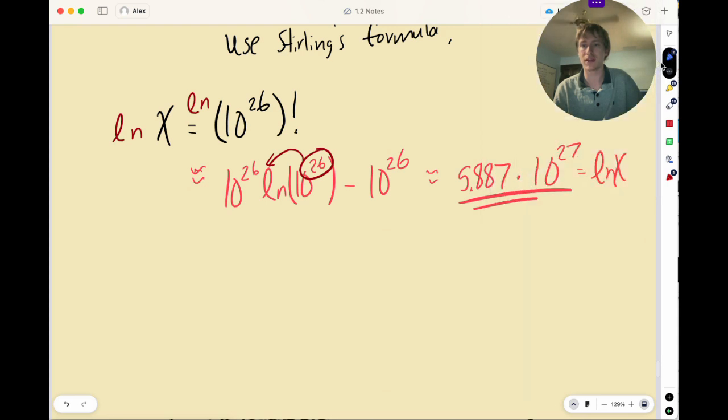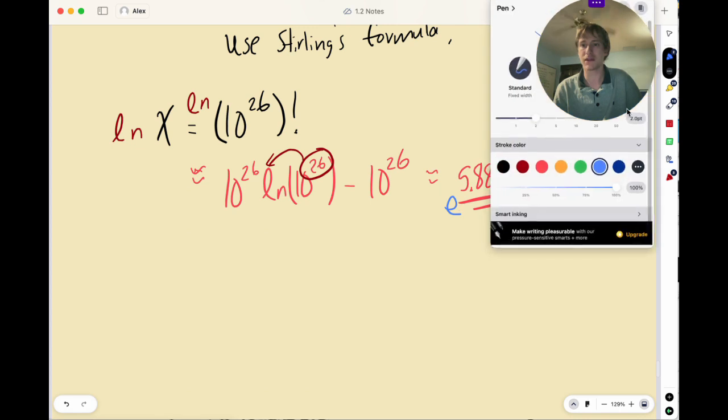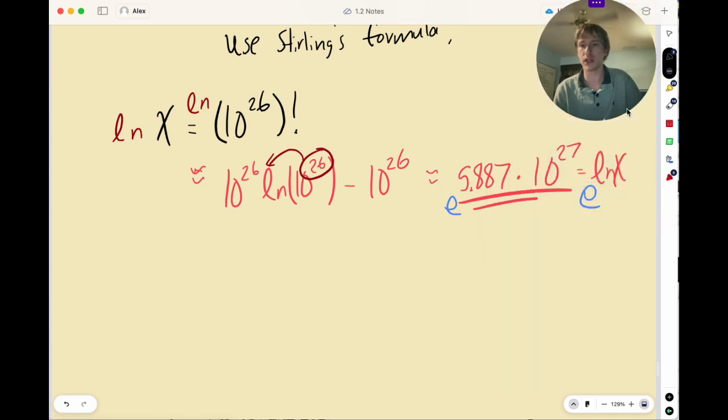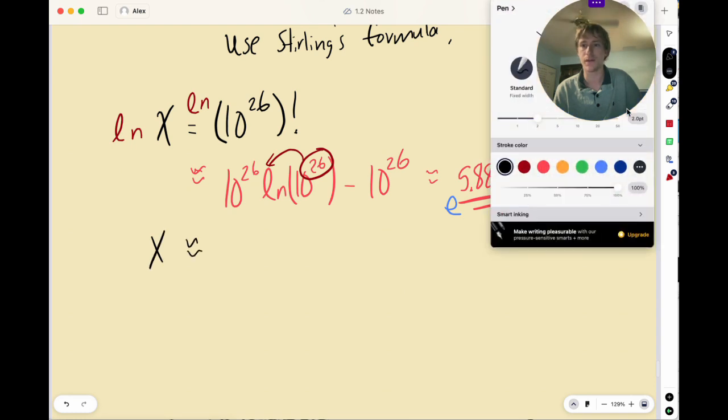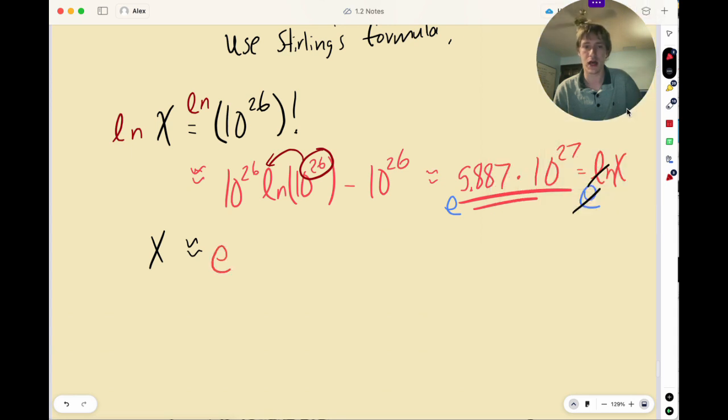In other words, I have to raise e to both sides. And what that's going to do is the e and the ln cancel, and I'm left with x approximately equal to e to the power of 5.887 times 10 to the 27th.